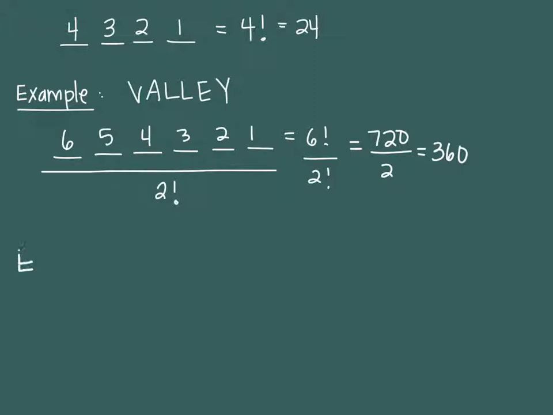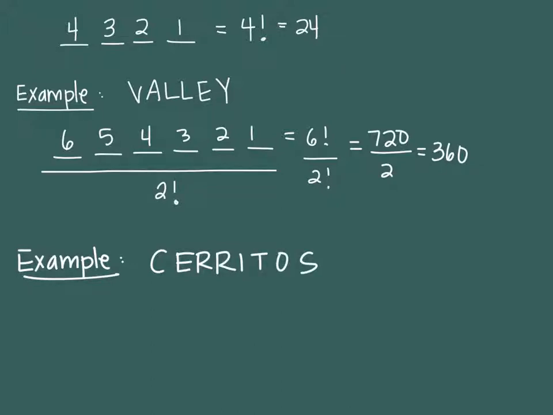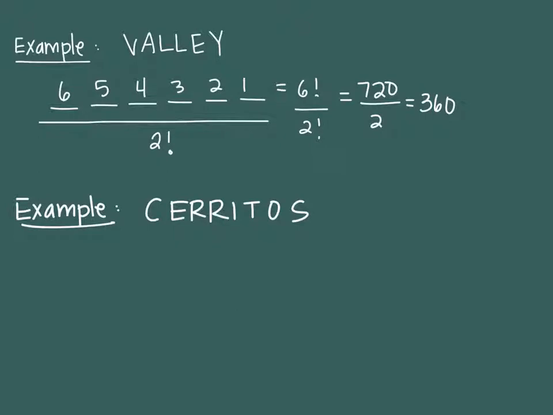If we did the word Cerritos, C-E-R-R-I-T-O-S, how many different word scrambles can we make on that? Well, Cerritos is 1, 2, 3, 4, 5, 6, 7, 8 letters long, but it also has a double letter of the double R. And so that would count for the double letter, and so we would have 8 factorial, which is 40,320 divided by 2.